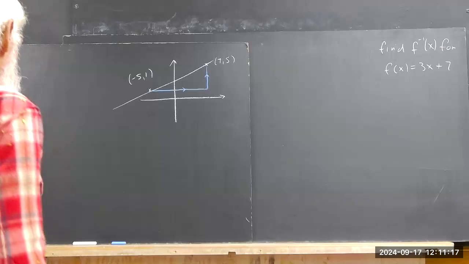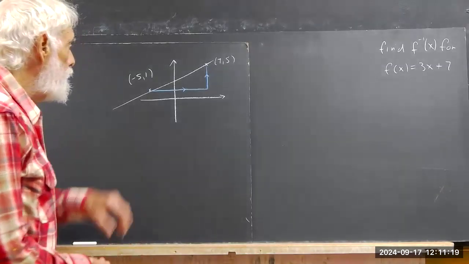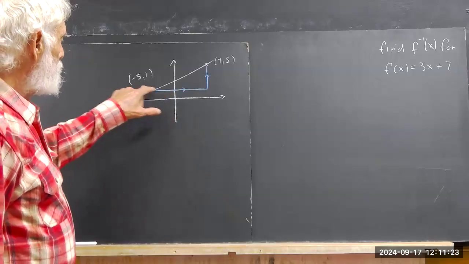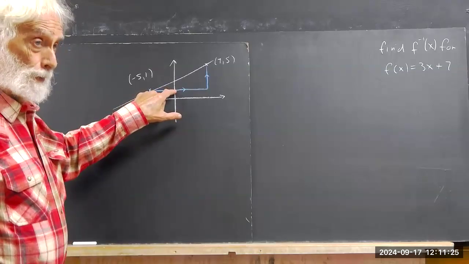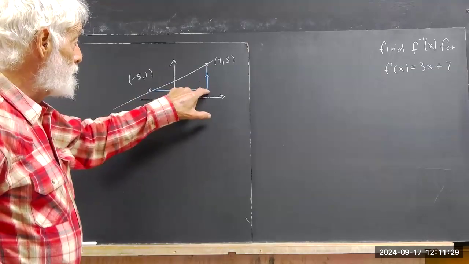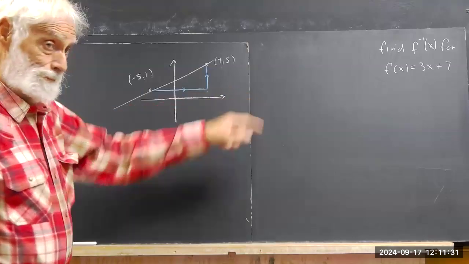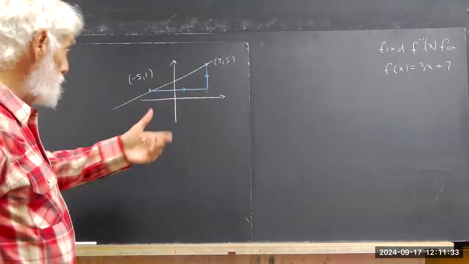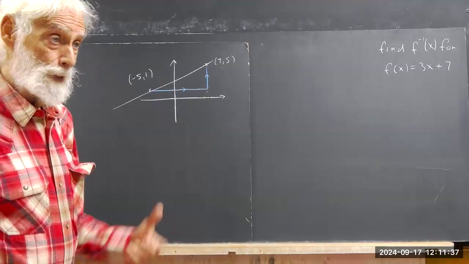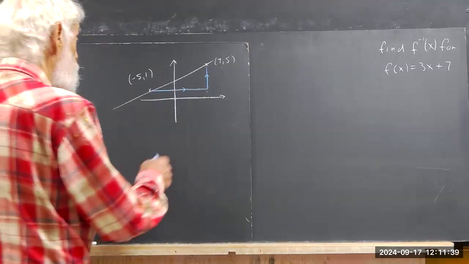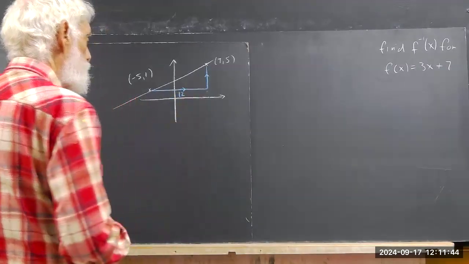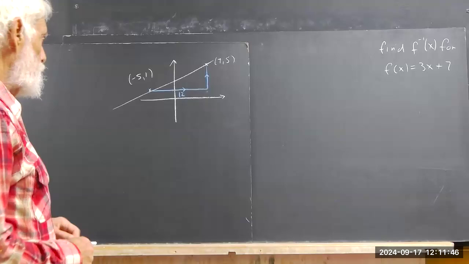Okay, well, from -5 to 7: -5 to the y-axis is 5 units, and from the y-axis to this point is 7 units. Moving horizontally, that's 5 and 7, which is 12. And you might well see it that way. So there's no doubt that that's 12.